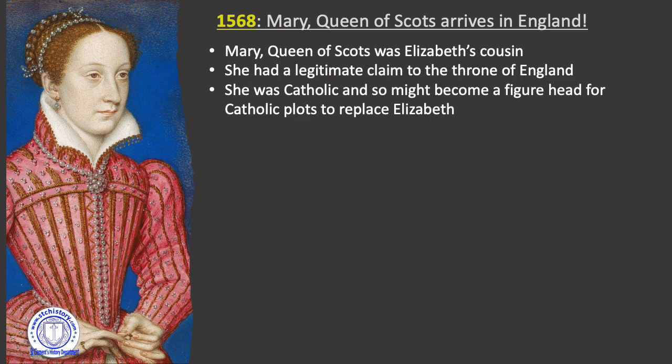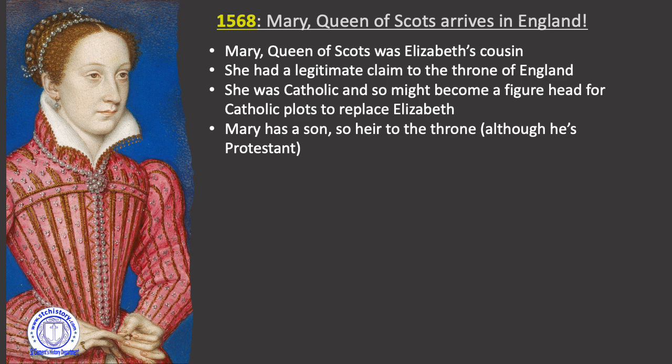She could become a figurehead for the Catholics in England or the Catholics in Europe, and she does become a figurehead in 4 plots. Sorry to give you a bit of a spoiler. There's going to be 4 plots before Mary Queen of Scots eventually will find her end. She has a son as well. So for those people who are really interested, and as we know, Parliament are very concerned about the succession, a smooth succession.